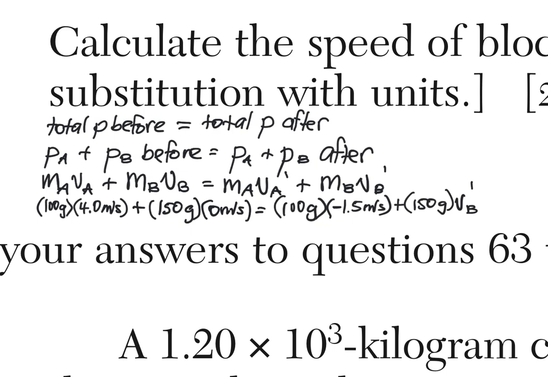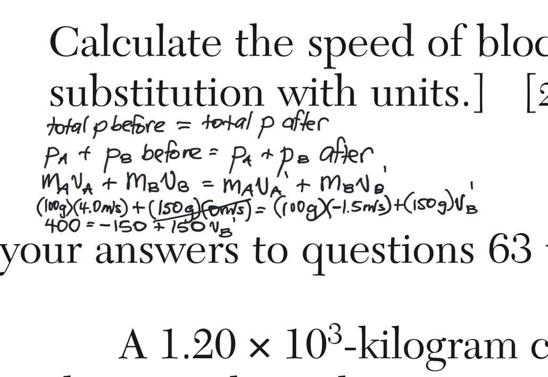All right, so then the velocity of B, all right, and so the B was at rest to start, so that's 0 meters per second. And then A rebounds, so that's why I put negative 1.5 meters per second there. So let's collect our numbers. We have 100 times 4, so then, 100 times 4 is 400. 100 times negative 1.5 is negative 150.